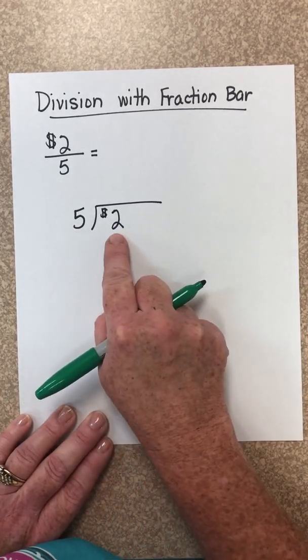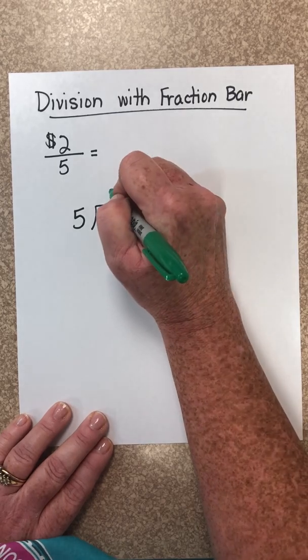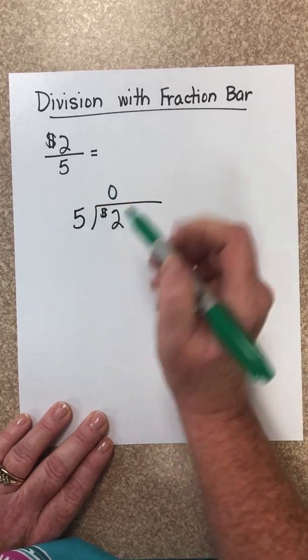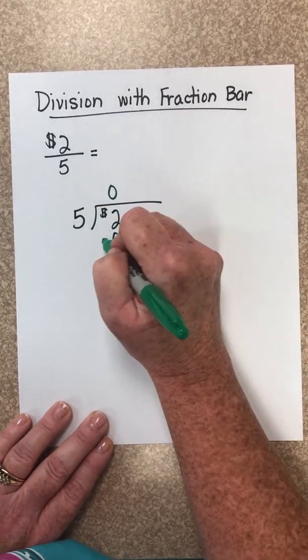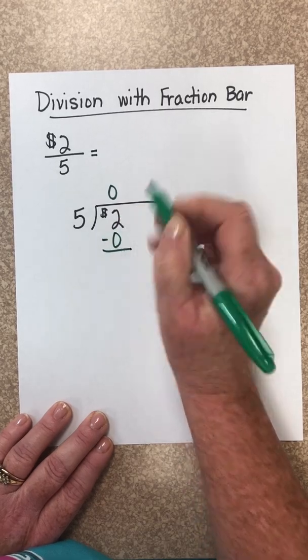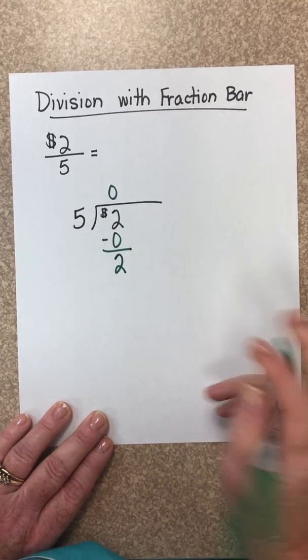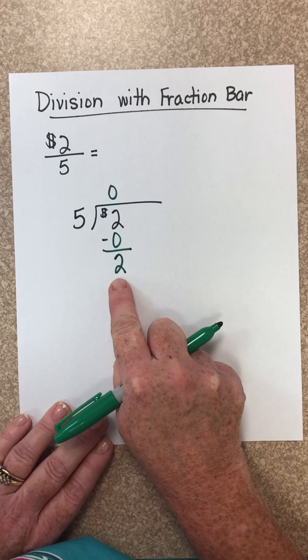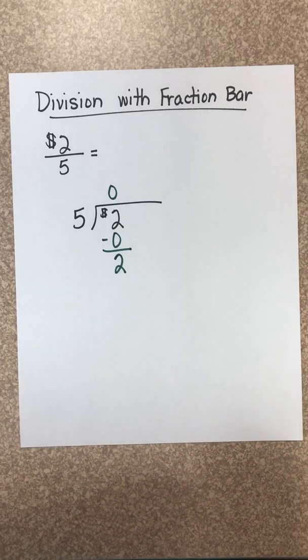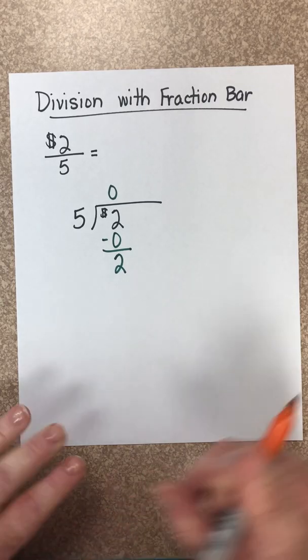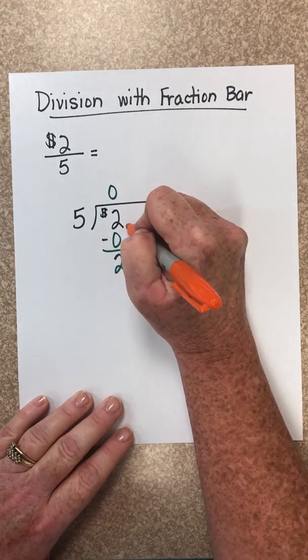How many 5s are in 2? Well, none. 0. 0 times 5 is 0. And let's subtract. 2 minus 0 is 2. Wait a minute. It looks like we have a remainder already. But remember, we are talking about money. So that means I need to put in a decimal point.